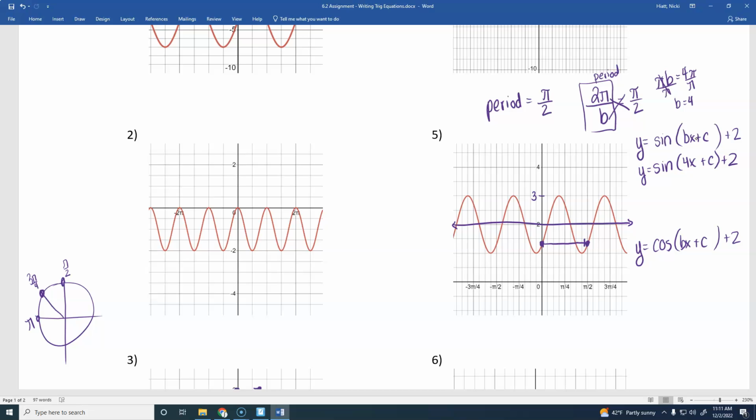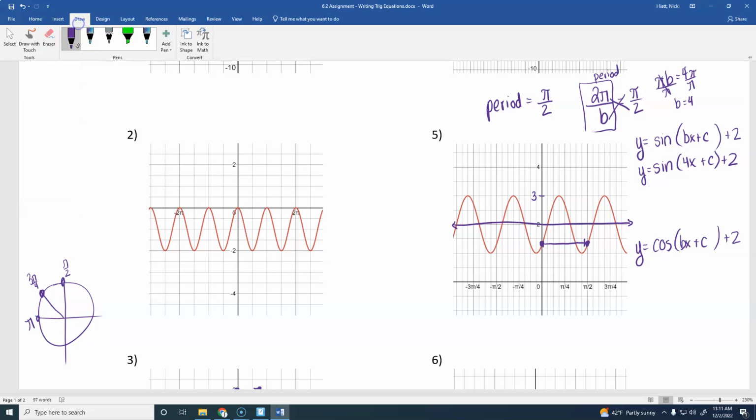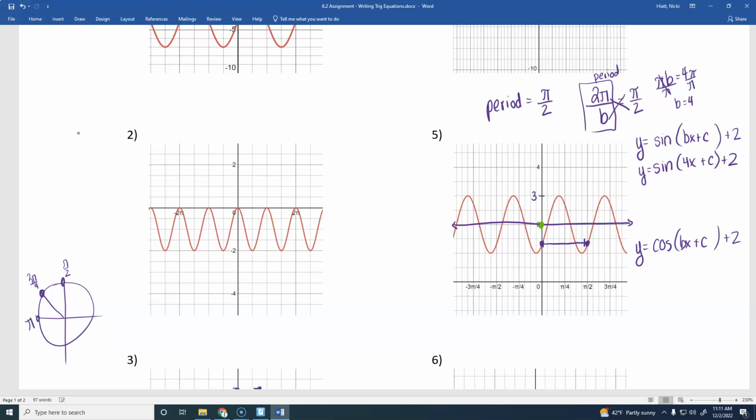All right. Now, if I'm dealing with sine, it looks like this. It has a y-intercept on the midline. That needs to be shifted this far. Just one little tick mark. What is that?